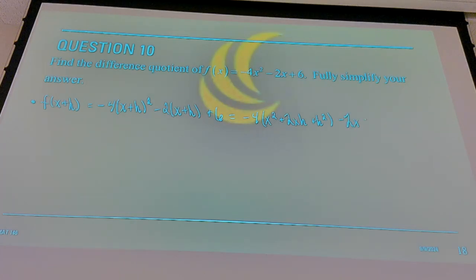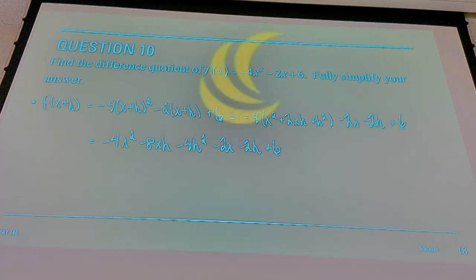I'll distribute that -2 through. Is that fully simplified? No. What can you do? Negative 4x squared. Right. Now you can distribute the -4 through, right? Is that fully simplified?